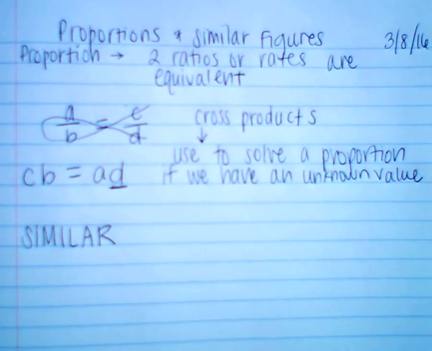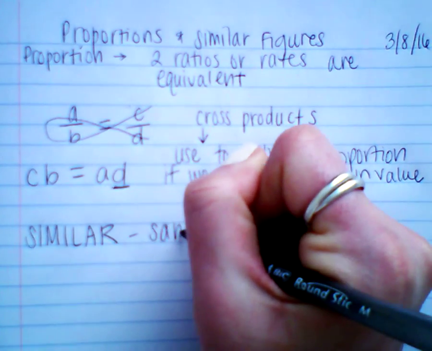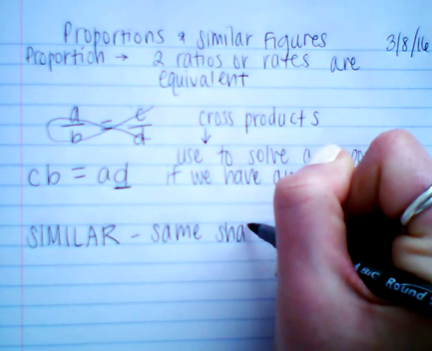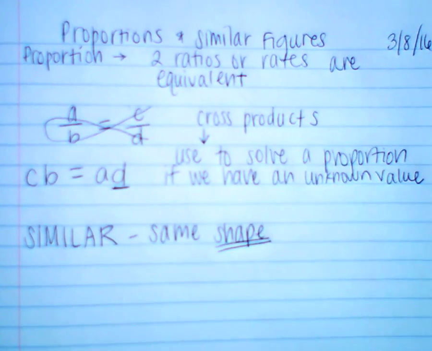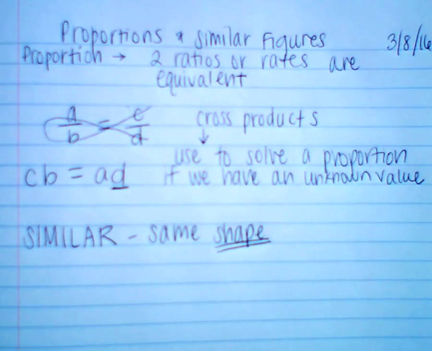Similar just means same shape. Okay? Same shape. So unlike congruent, where they were exactly the same shape, same size, everything, similar now is just when it's the same shape.